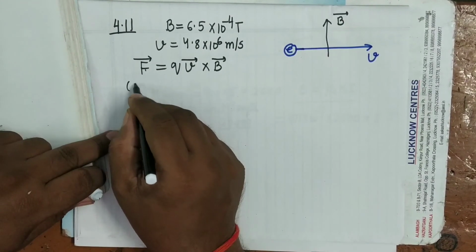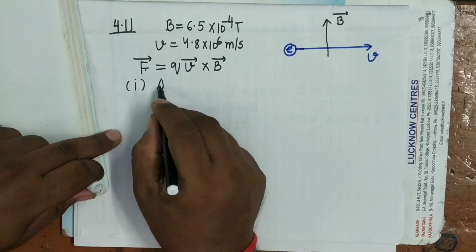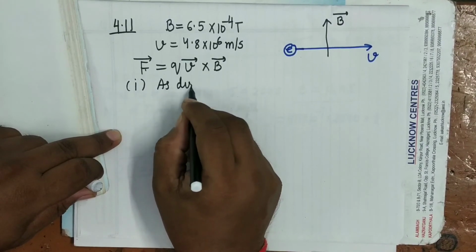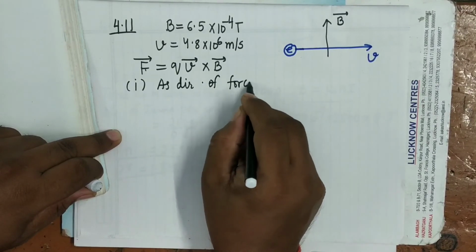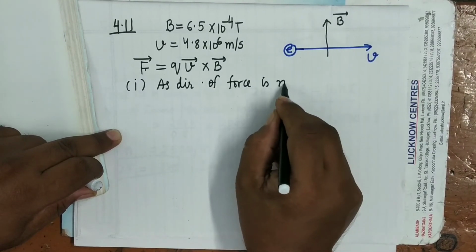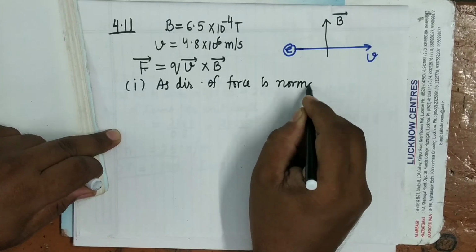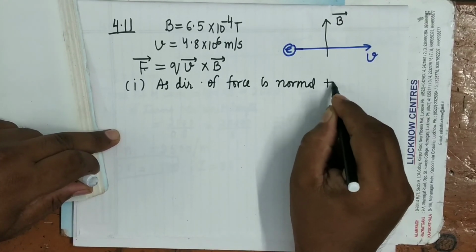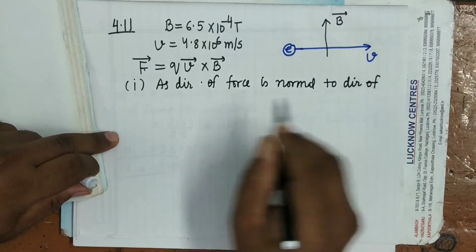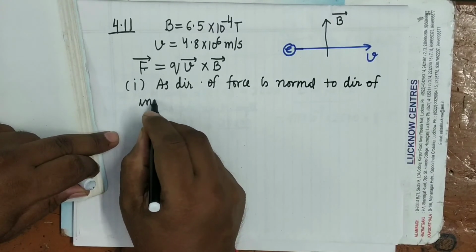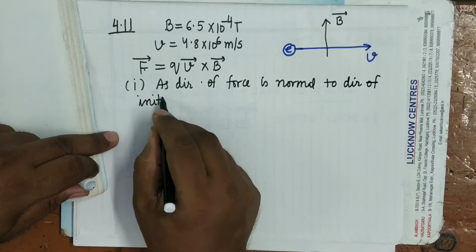You can write: direction of force is normal to direction of initial motion.